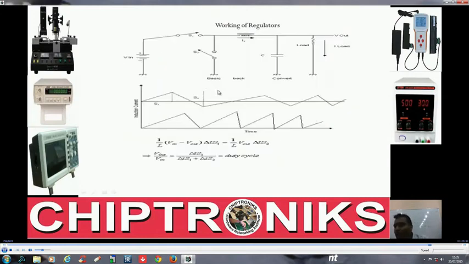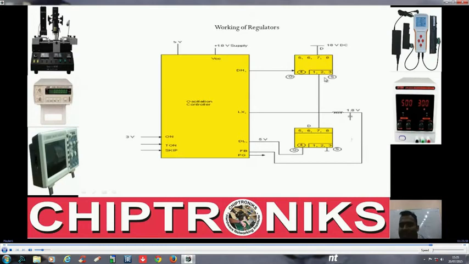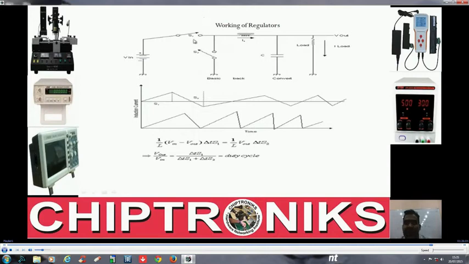So consider two regulators, one regulator for IO and another for a CPU. As you know, a CPU requires a lower voltage, so the time for which this S1 MOSFET will be closed would be less, compared to the case of a 3.3 volt regulator IC.